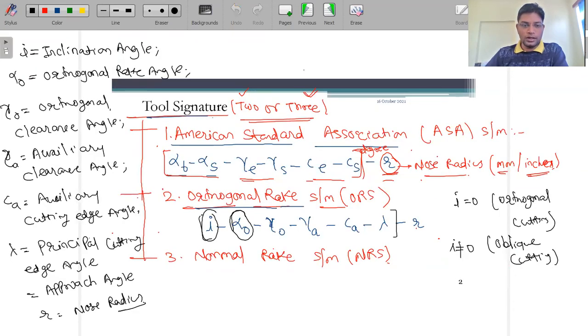This is the orthogonal rake angle, gamma naught. That is the orthogonal clearance angle. This is gamma A, measured with the auxiliary plane, so this is the auxiliary clearance angle. This is CA, the auxiliary cutting edge angle. This is lambda, which is the approach angle.